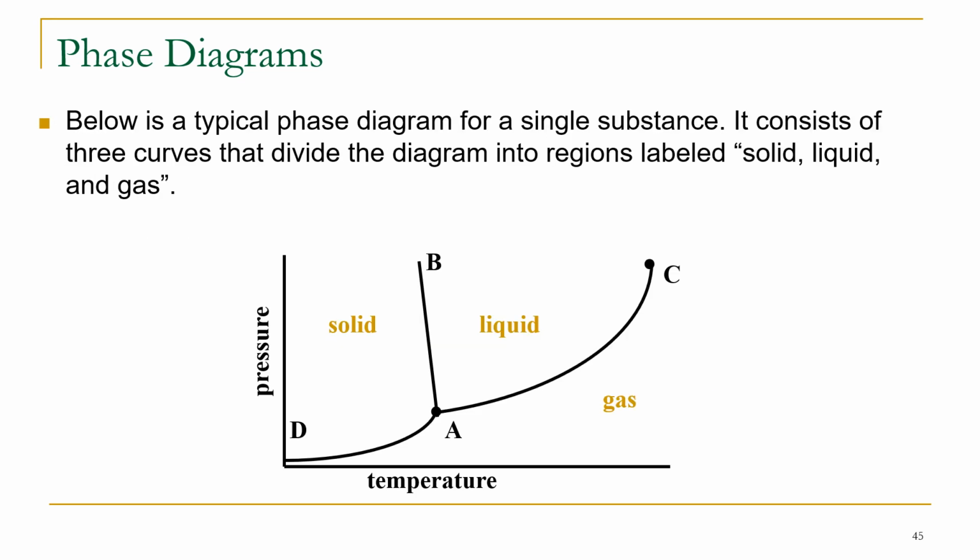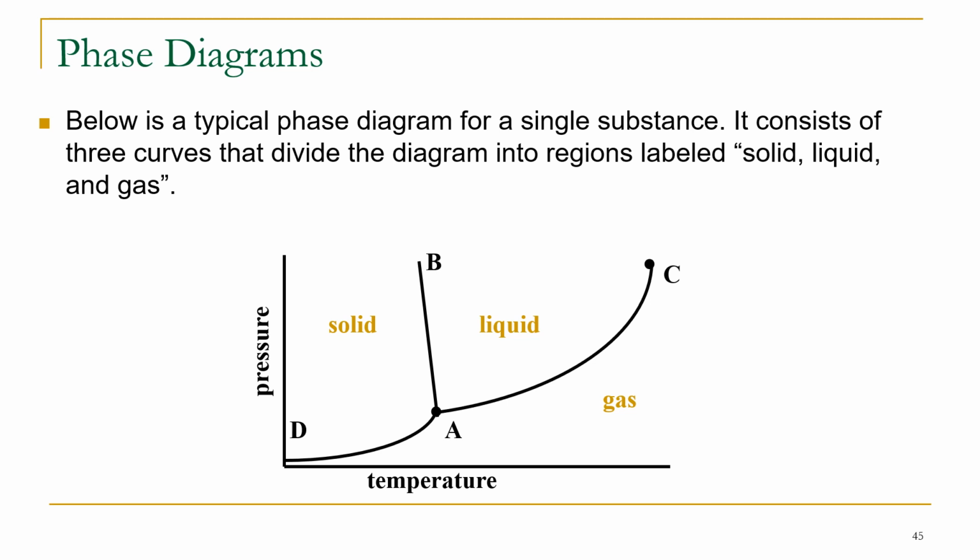It's easier to see. All right, so you can see here, this is a typical phase diagram for a single substance. We've got temperature on the x-axis, and it doesn't matter what unit you want, and pressure. Same thing, usually we'll use atmospheres, but you can use whatever pressure unit you want.